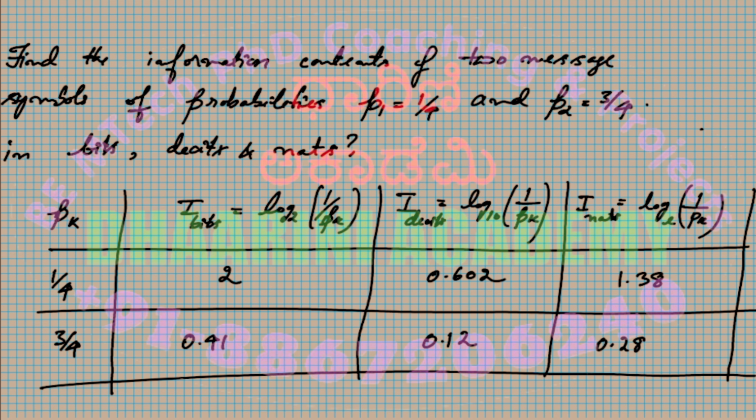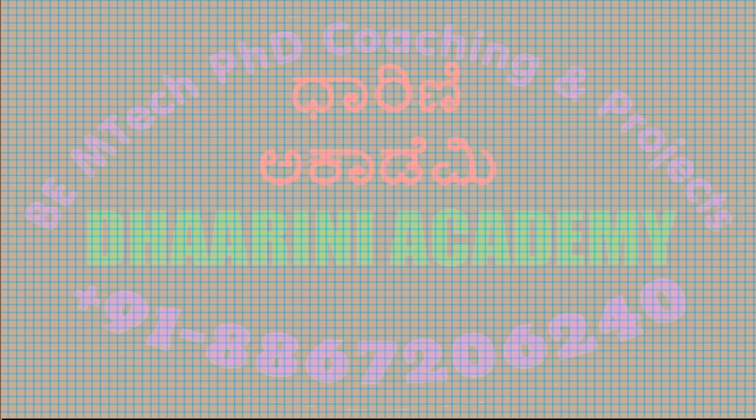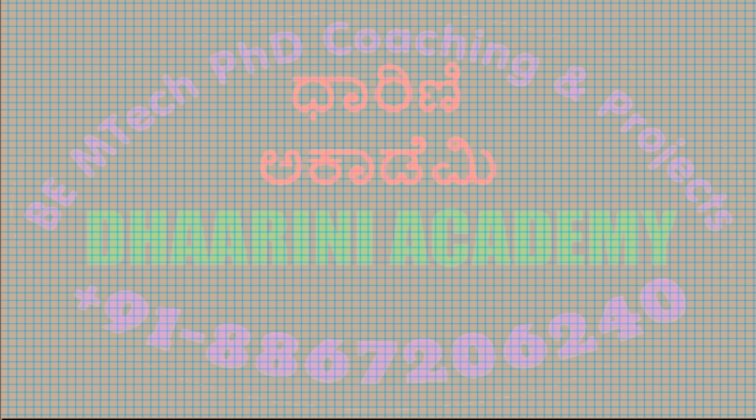Like that, we are going to use what is called the average information content of the complete message. A message can be very long, containing thousands of symbols. So far we considered just one or two symbols, four, five, maybe 10 symbols. But now we are trying to look at the big picture. If my message is very long, calculating the information content of each symbol and representing that in the form of a table will not help us.